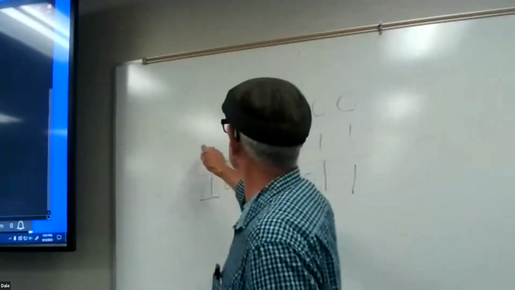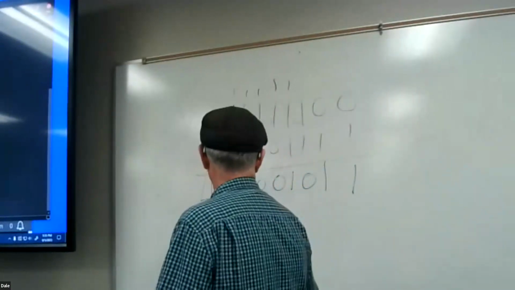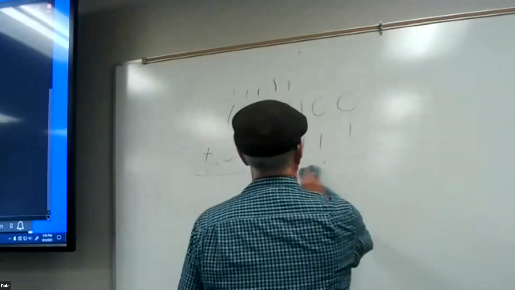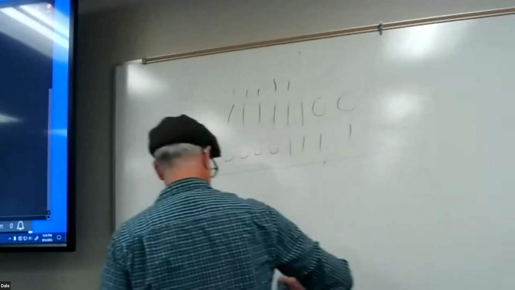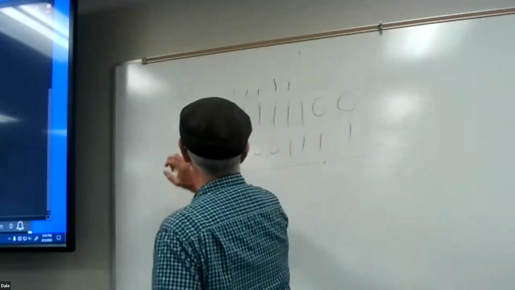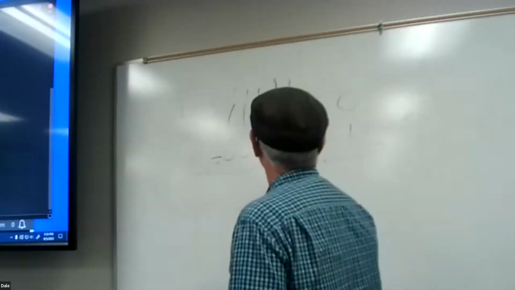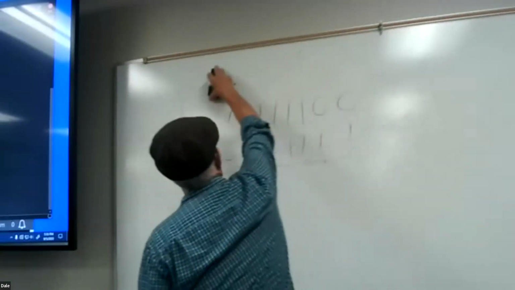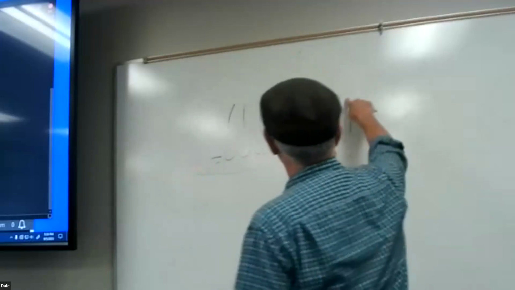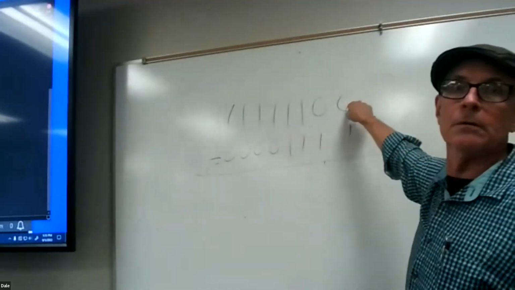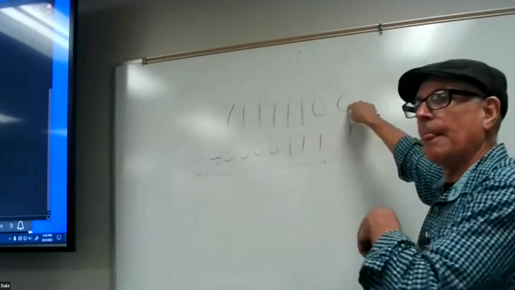So that was addition. Okay. Now it's just like, well, I can't subtract a 1 from a 0. So what do I need to do?